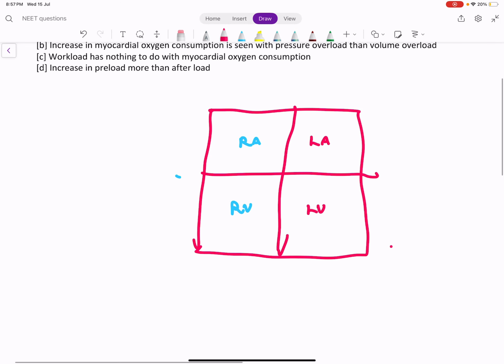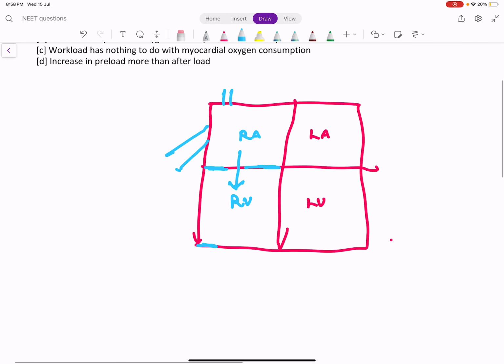We know very well that deoxygenated blood from the SVC and IVC empties into the right atrium. From the right atrium, through the tricuspid valve, blood enters the right ventricle. From the right ventricle, we have another valve, the pulmonary valve, through which blood goes from the right ventricle to the pulmonary artery.